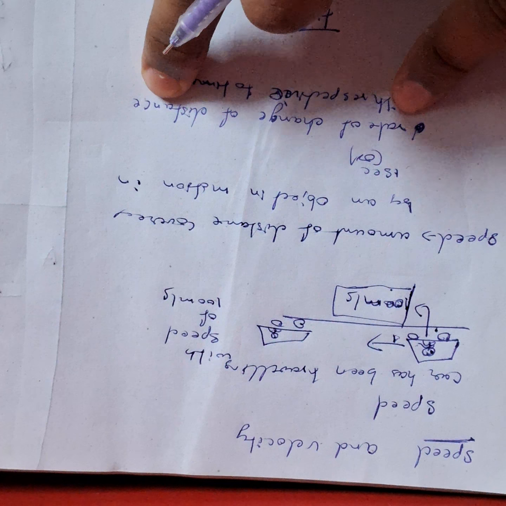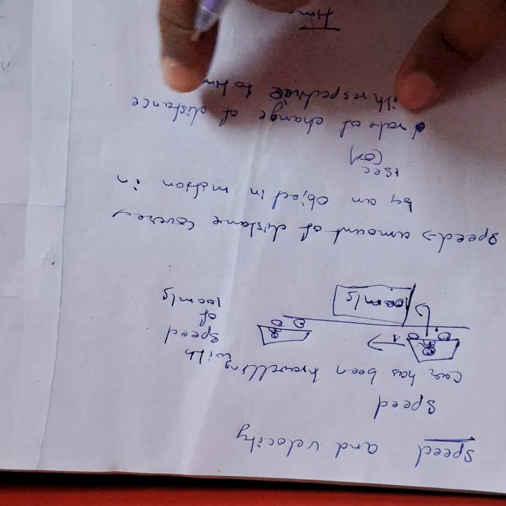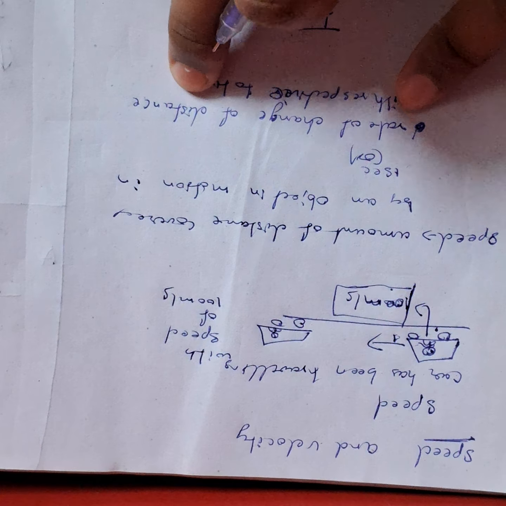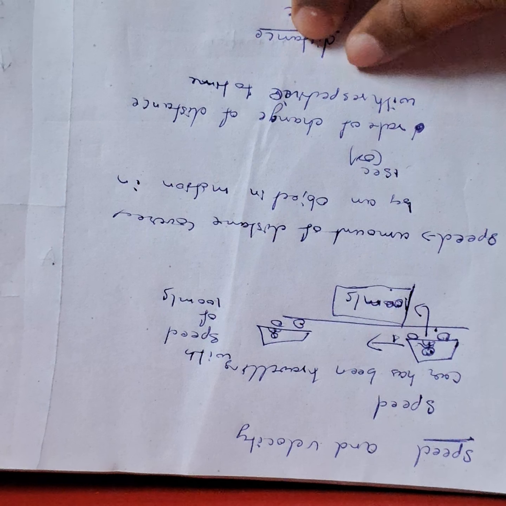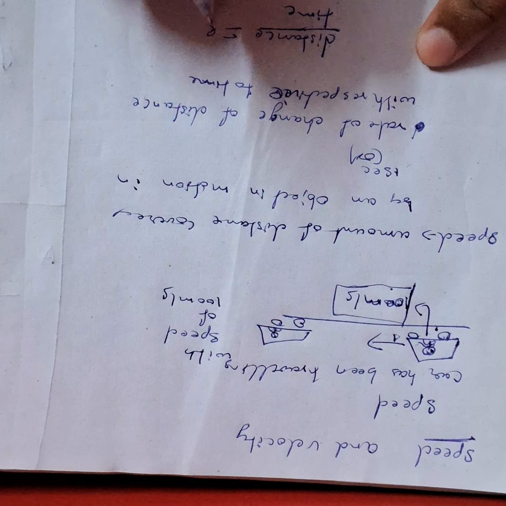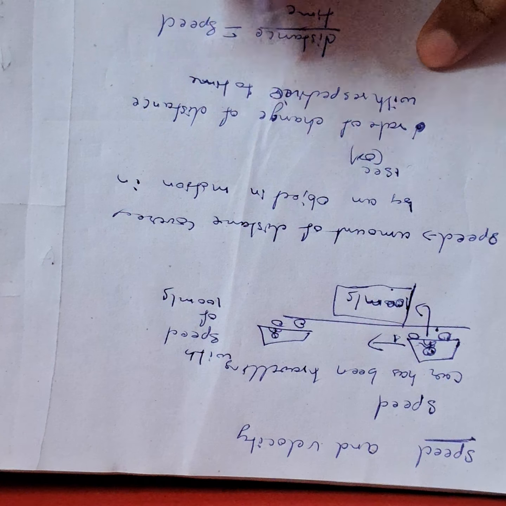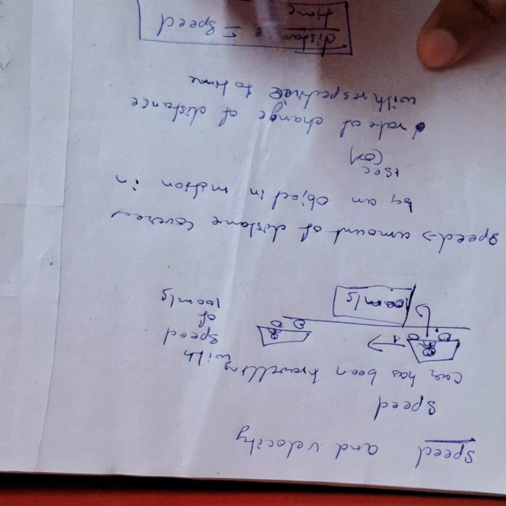The thing which is changing with time is distance. So it has to be in the numerator, distance. So this will give the rate of change of distance with respect to time. What is this? Basically speed. With this formula we will get the speed of any object in motion.